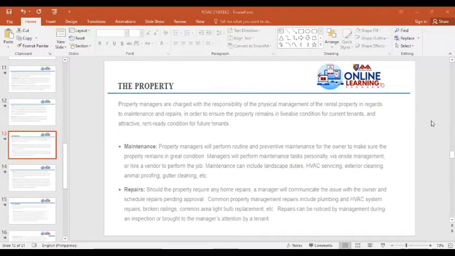Next is the repairs. Should the property require any home repairs, a manager will communicate the issue with the owner and schedule repairs pending approval.